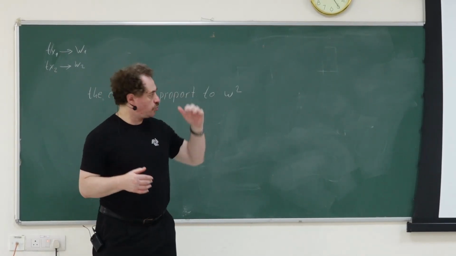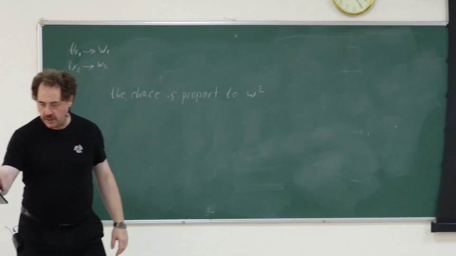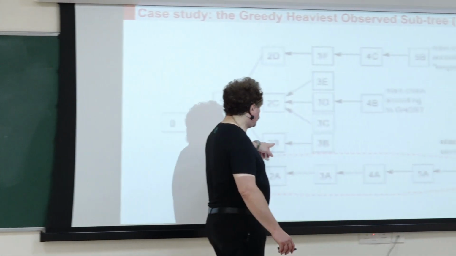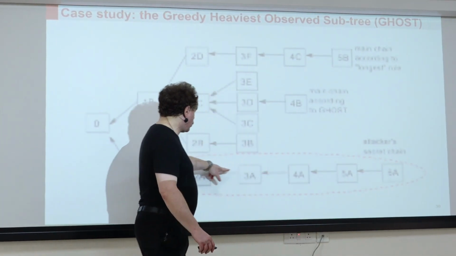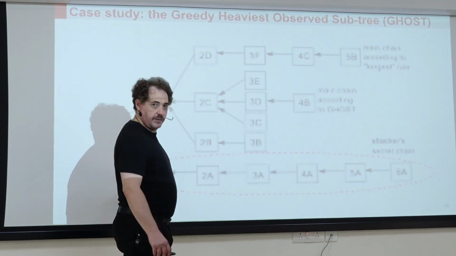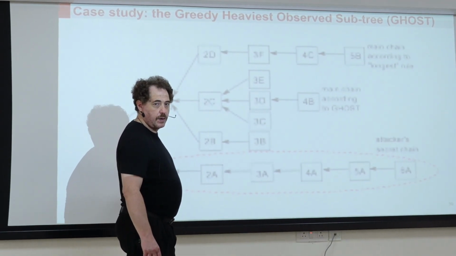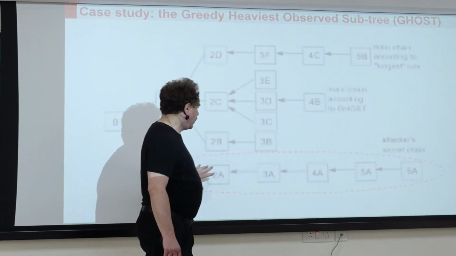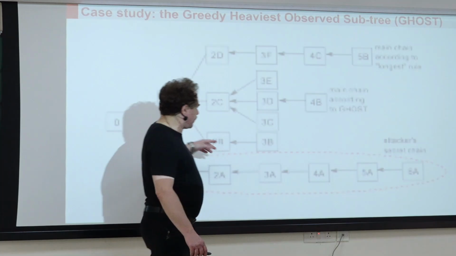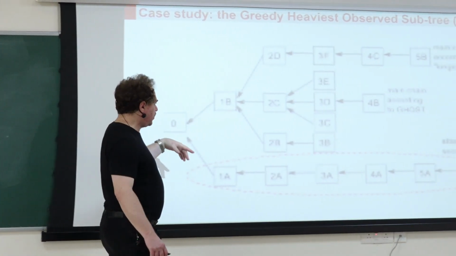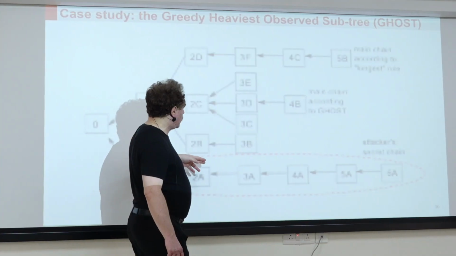Uncles are nodes, like in the previous slides, or vertices, which are not on the main chain, but they contribute to the main chain.